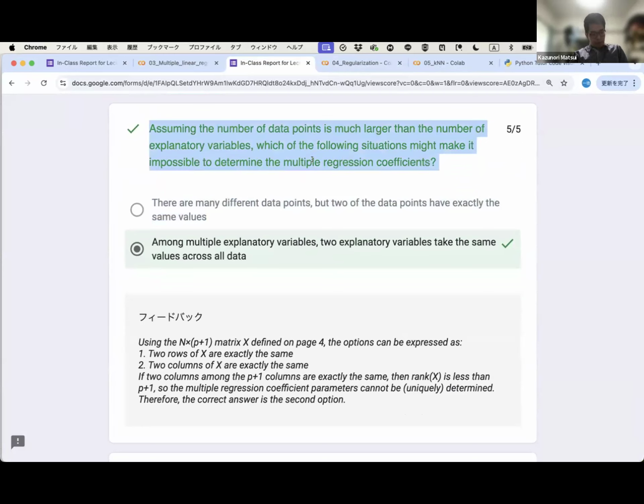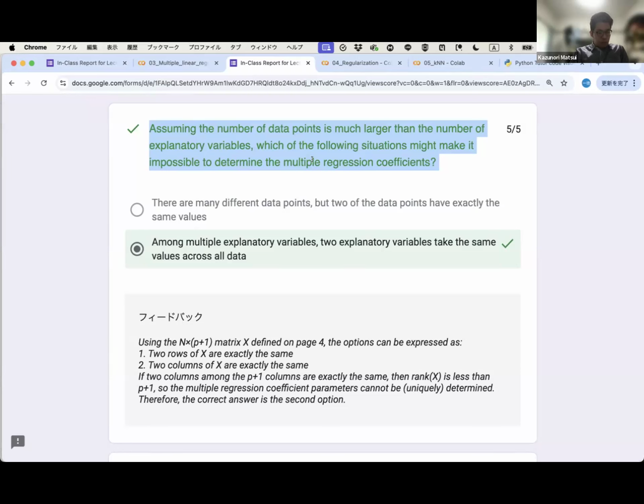The last problem is somewhat special. It asks, assuming the number of data points is much larger than the number of explanatory variables, which of the following situations might make it impossible to determine the multiple linear regression coefficients.